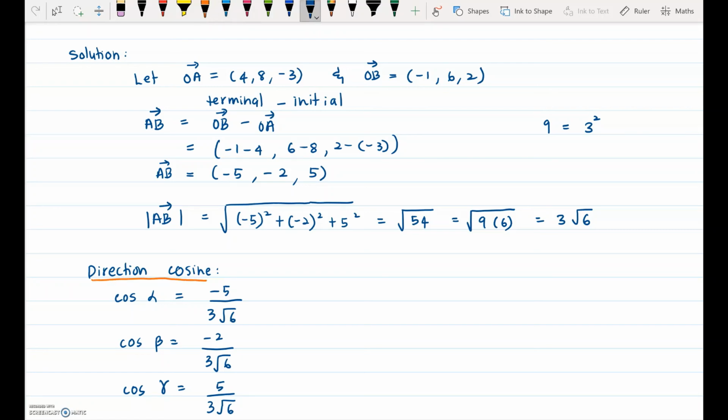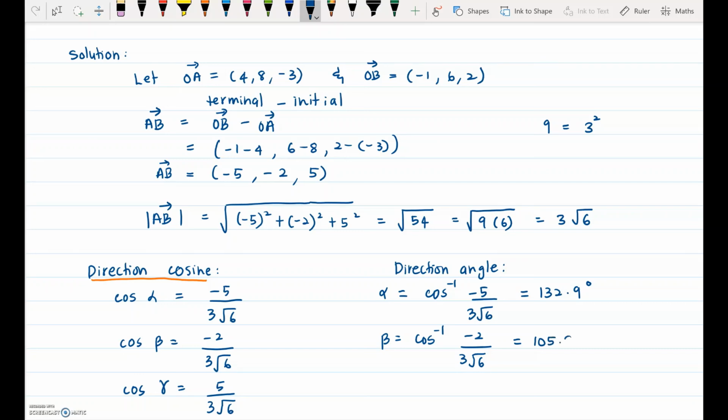How about the direction angles? Your direction angle alpha equals cos inverse of negative 5 over 3 square root 6, which equals 132.9 degrees. Your beta is cos inverse of negative 2 over 3 square root 6, which equals 105.8 degrees.